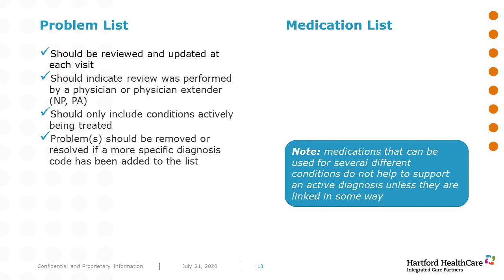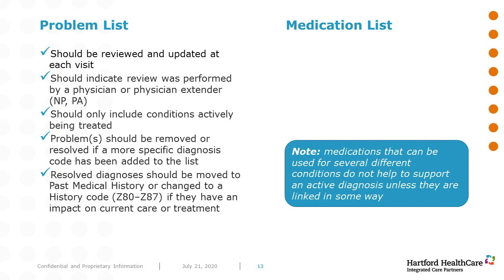So you would take the uncomplicated diabetes and put it in the past medical history and keep the diabetes with neuropathy under the problem list. Resolved diagnosis codes, as indicated, should be moved to past medical history or changed to a history code if they no longer have impact or are not under current care or treatment.